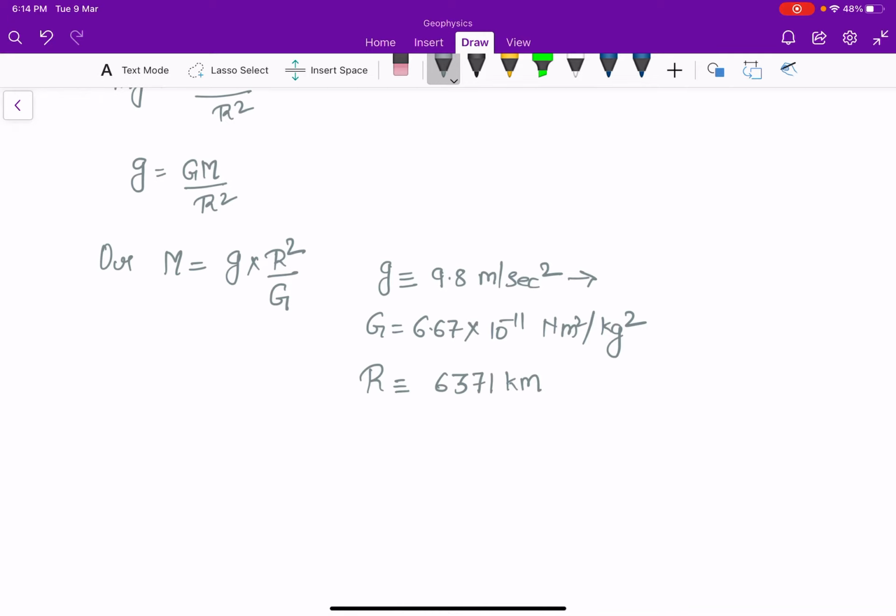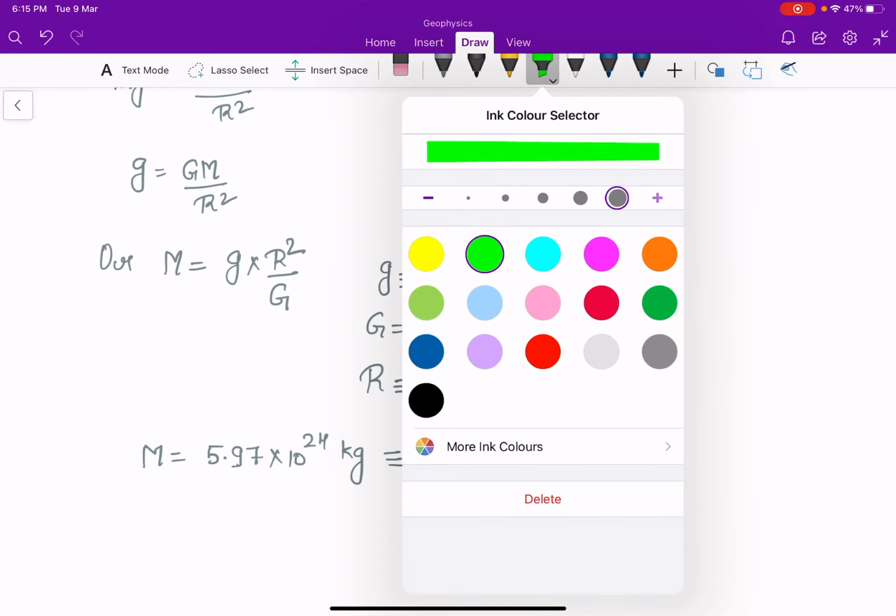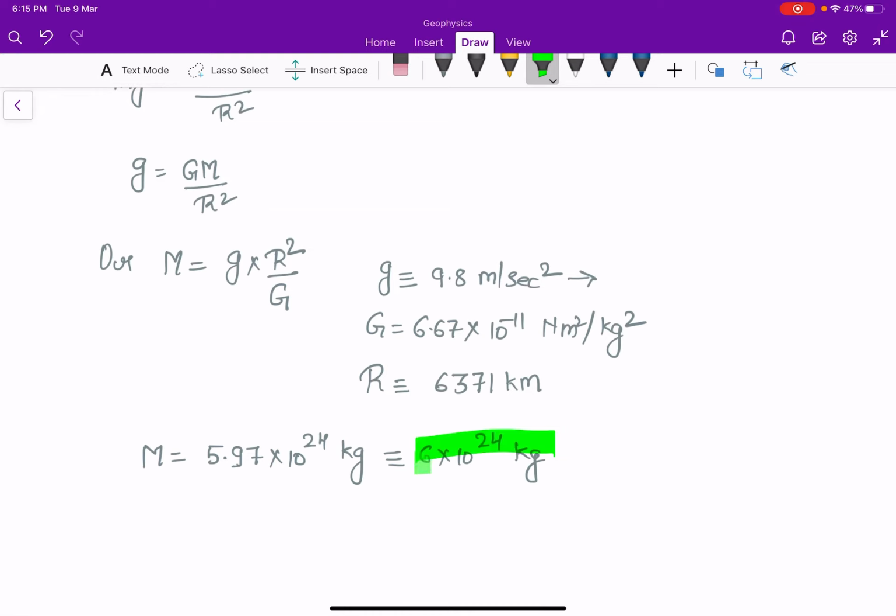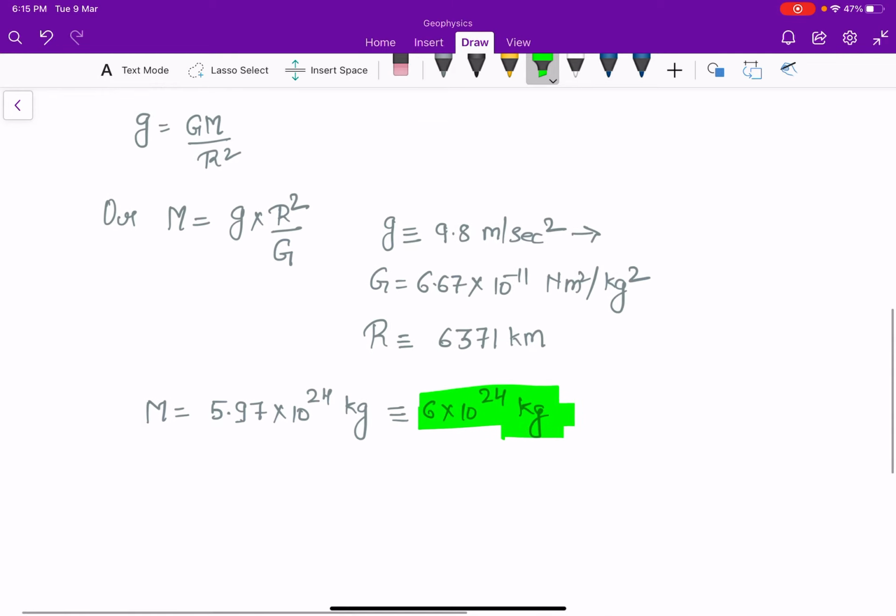By putting these values, we will get M equal to 5.97 into 10 to the power 24 kg, or approximately 6 into 10 to the power 24 kg. This is a huge number.